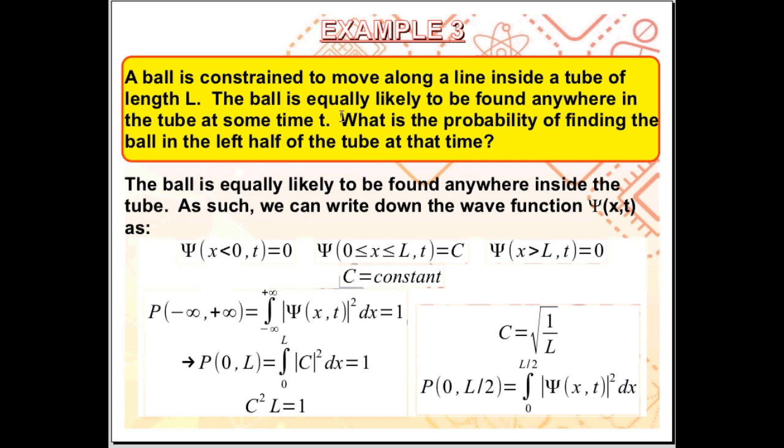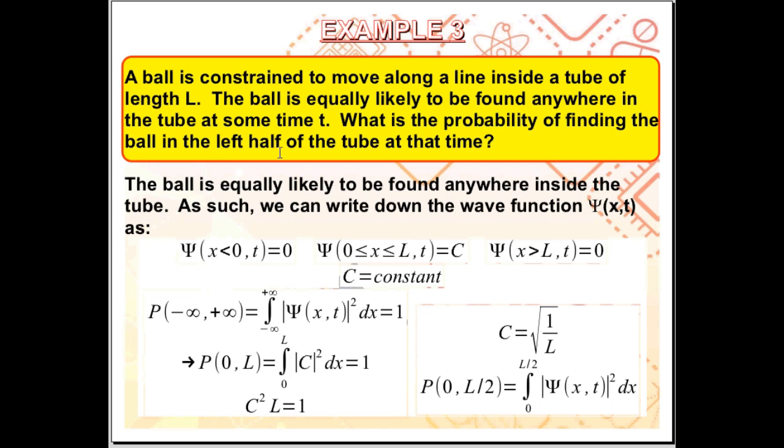So the ball is equally likely to be found anywhere in the tube. Say if you divide the tube into 10 parts, the likelihood of finding the particle in one part is 1 over 10, or 10%.